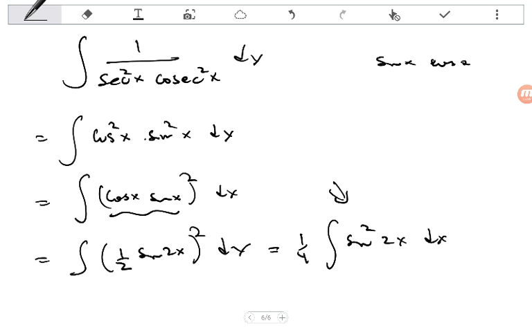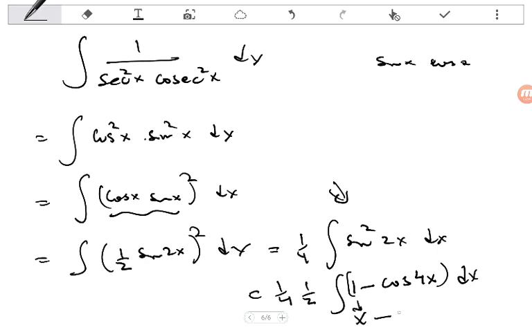This is the new integral, and it is sine squared, so I make the reduction formula again, which would be 1 over 2 integration of 1 minus cosine double the angle, which would be like this. This will be x, and this will be sine 4x over 4, plus c.